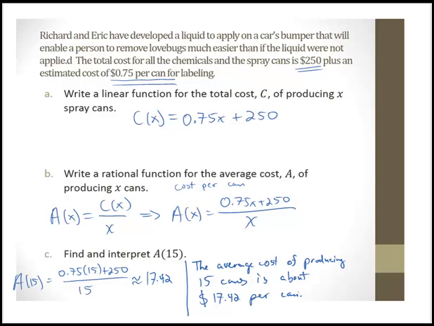Alright, so in a sense what's happening is that we know it's 75 cents per can for the labeling, but that $250 setup is also now needing to be spread out among all of the cans that are being produced. Since we're only producing 15 cans, that $250 is only spread out so far.